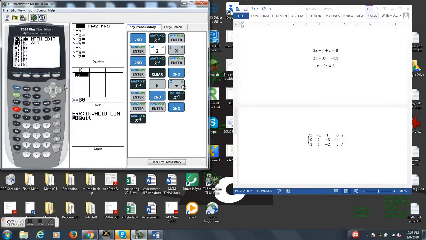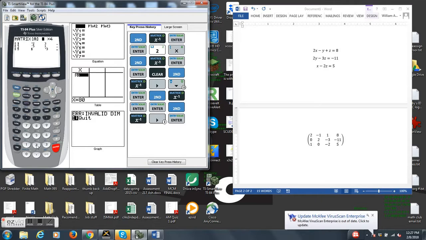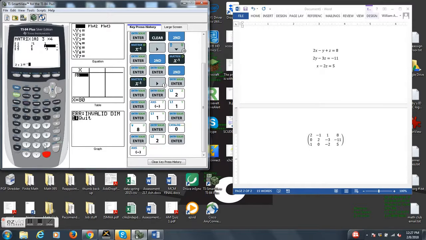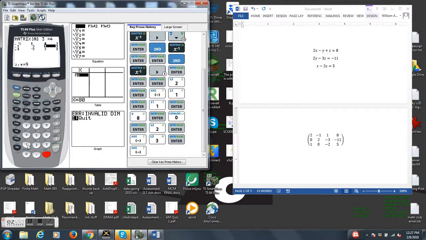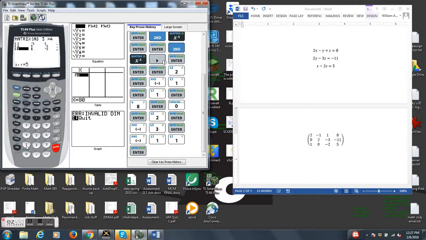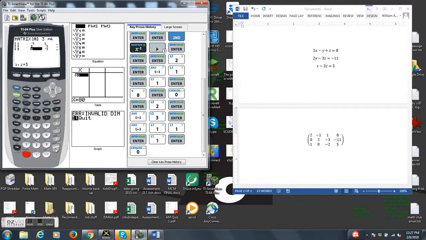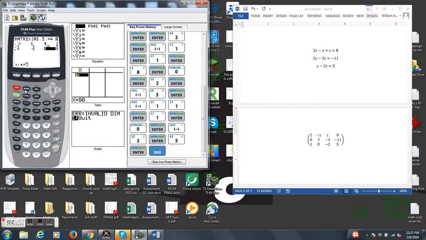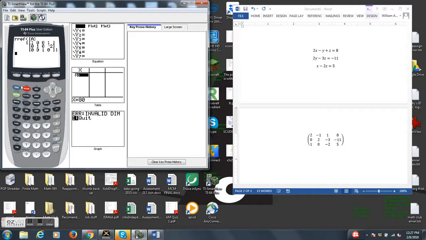I'm just going to edit the same thing I already had. 2, -1, 1, 8, 0, 2, -3, -11, 1, 0, -2, 5, and then I'll quit out. I'll just bring up the last thing I just typed, right? But it's the new A now.